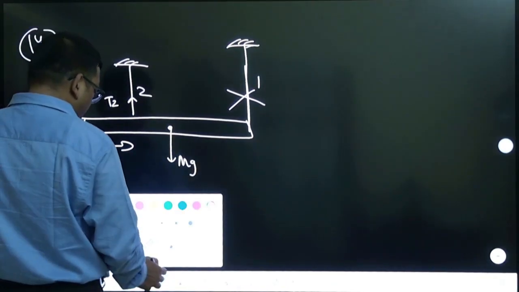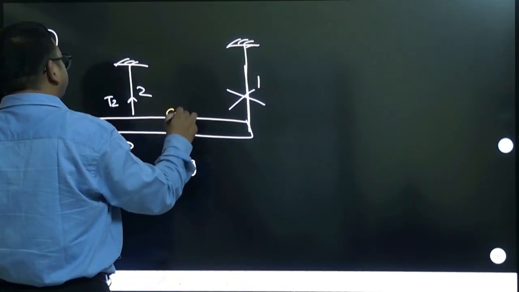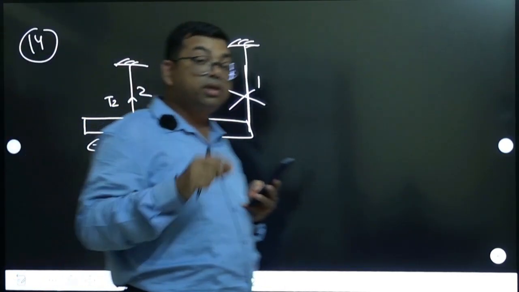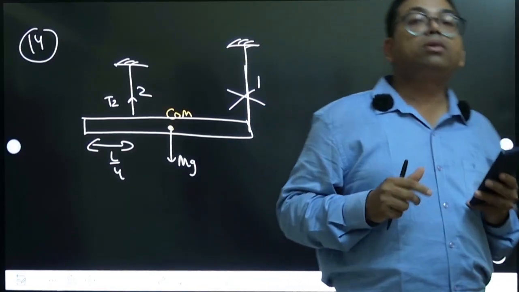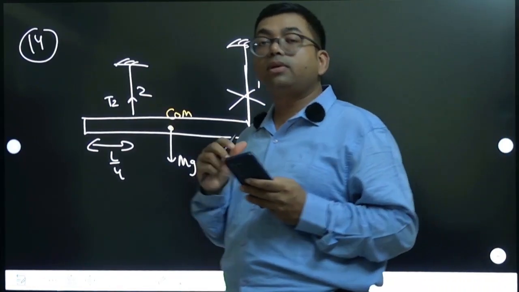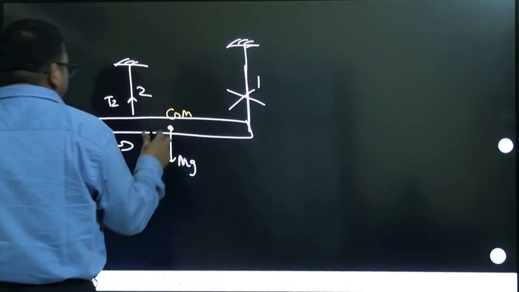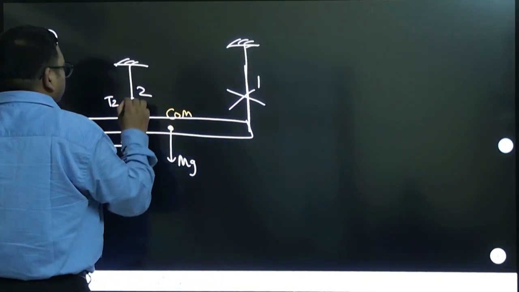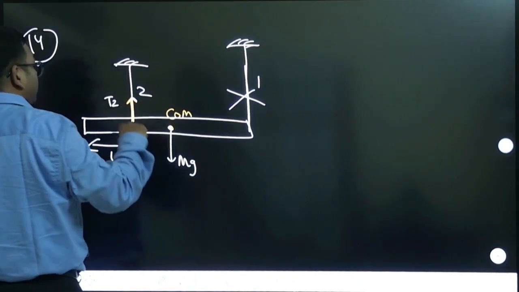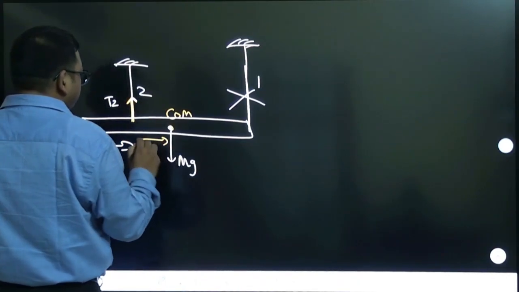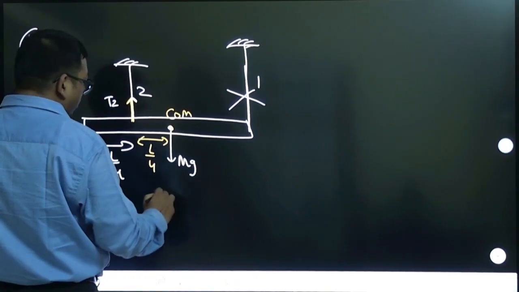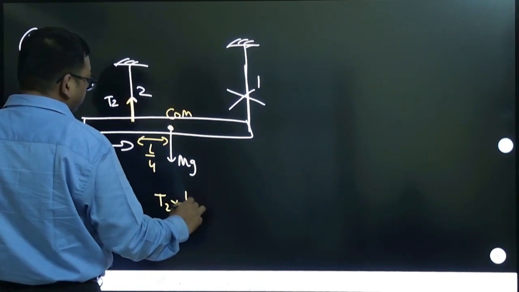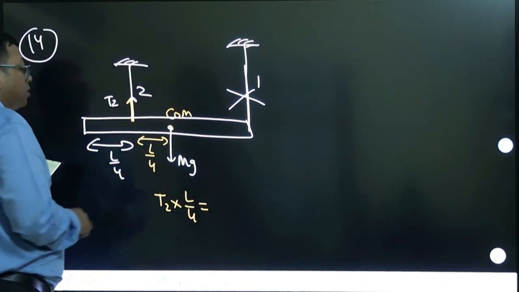So you can study about center of mass. Note that always try to study about center of mass, so that pseudo torque calculation will not come. Okay, pseudo torque calculation will not come. So about center of mass, this T2 will try to rotate, and this distance is also L by 4. So torque created due to T2 into L by 4. This is the torque about center.